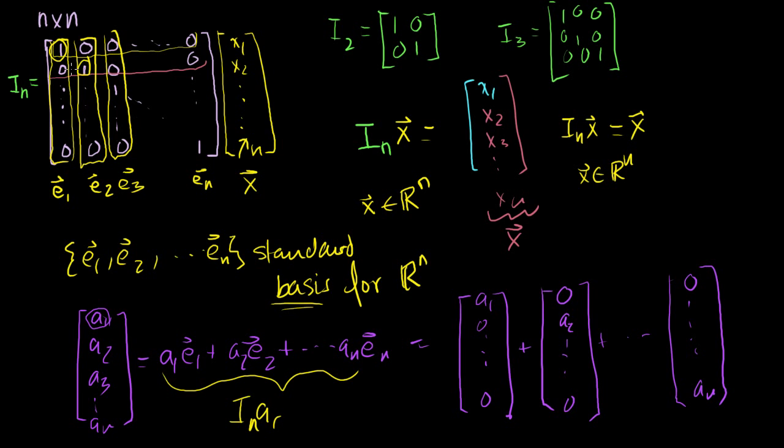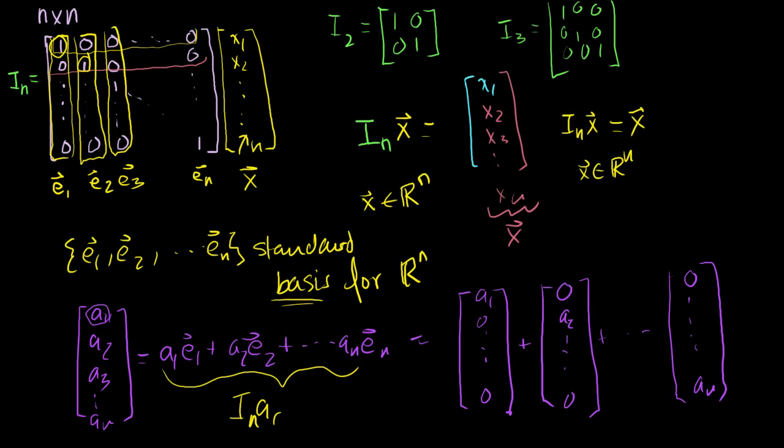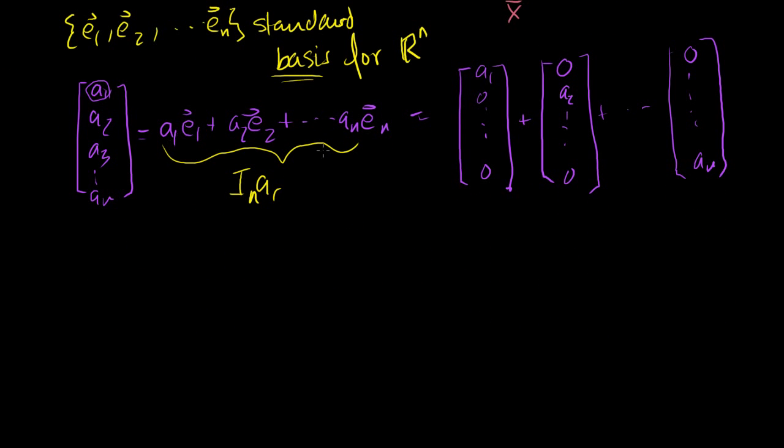Now, let's apply what we already know about linear transformations to what we've just learned about this identity matrix. I just told you that I can represent any vector like this. Let me rewrite it in terms of x. I can write any vector x as a linear combination of the standard basis, which are really just the columns of the identity matrix.